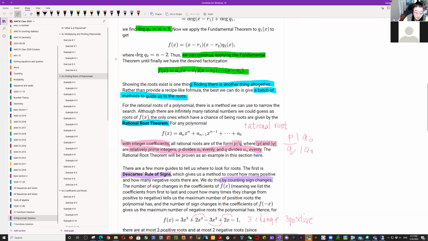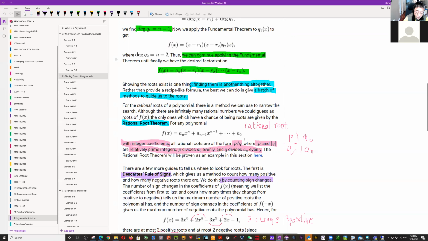The rational root theorem states that if you have a polynomial where all the coefficients are integers, a1 up to a(n-1), then all the rational roots are in the form of p divided by q, where p and q are coprime, and the absolute values of p and q evenly divide into the tail and leading coefficients. So p is the numerator and can evenly divide into the tail coefficient, and q is the denominator and can evenly divide into the leading coefficient. That's an important result.